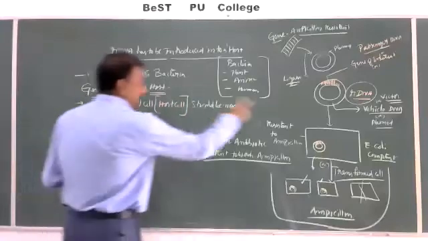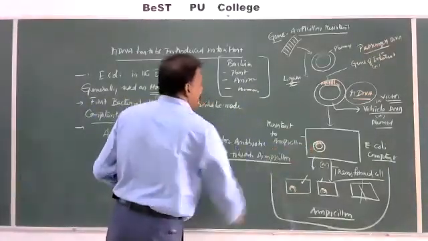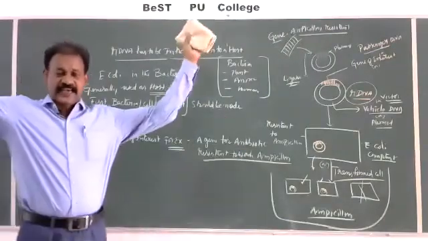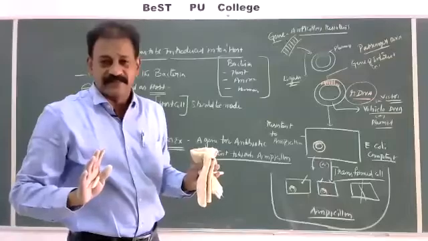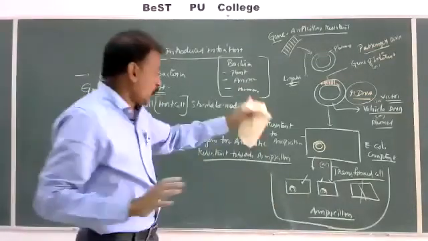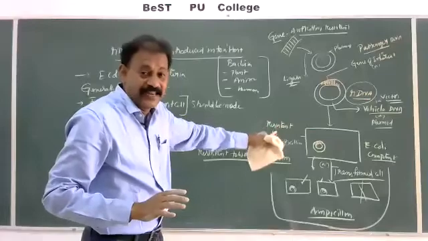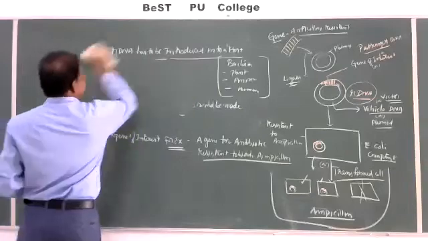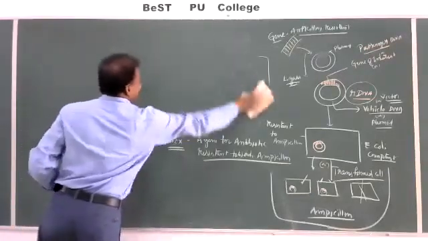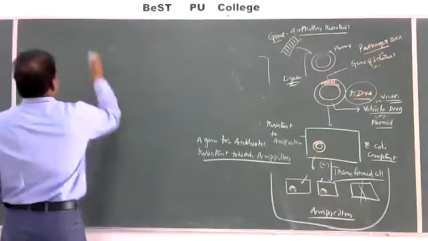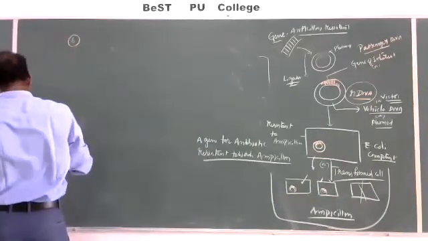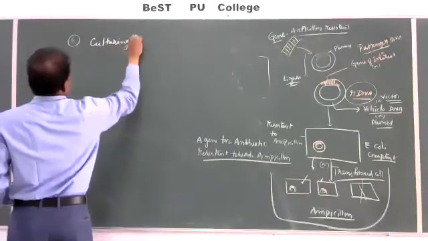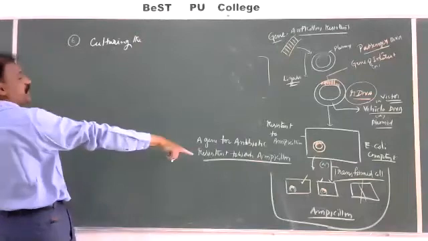Now the host cell is transformed. Now culturing the host cell in large scale in the medium. Sixth step: culturing the host cells in the medium in large scale. Which host cells? Transformed host cells.